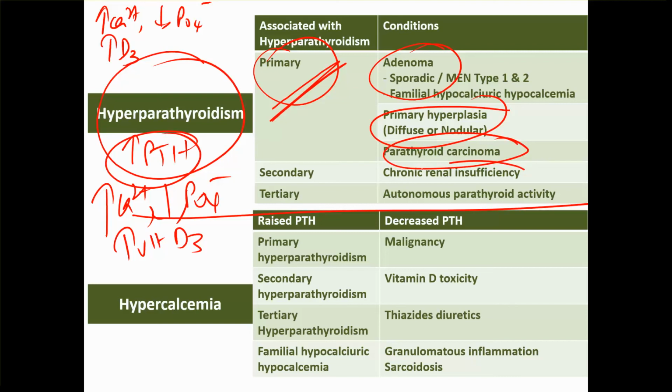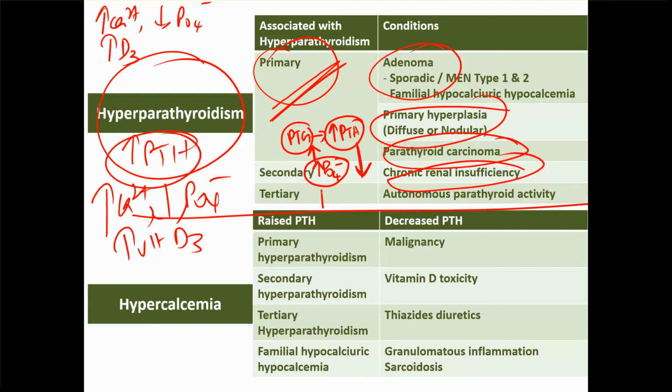Okay, now coming to chronic renal insufficiency. In chronic renal insufficiency, there is no kidney to excrete the phosphate. So the primary problem is that the phosphate level is increased. The increase in phosphate level will stimulate the parathyroid gland to produce parathyroid hormone, and the increase in parathyroid hormone cannot increase the vitamin D3 because the kidney is damaged.